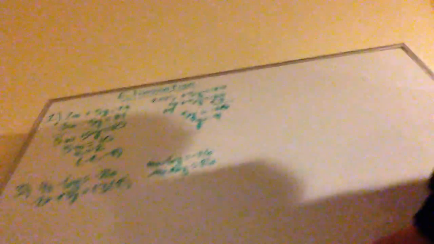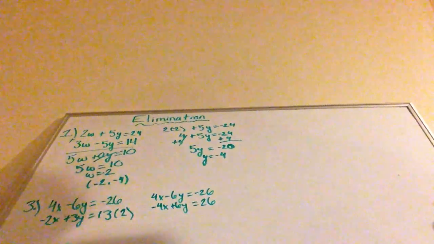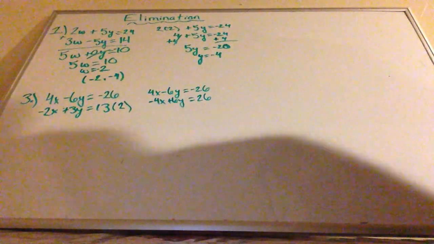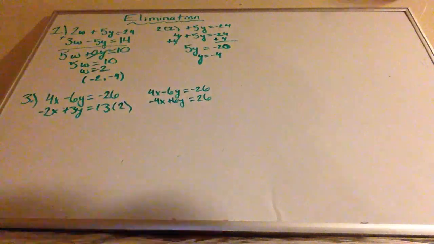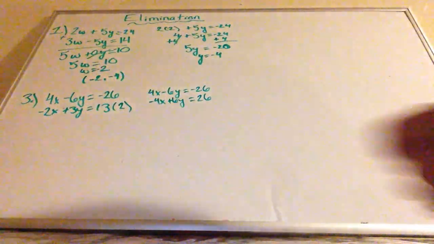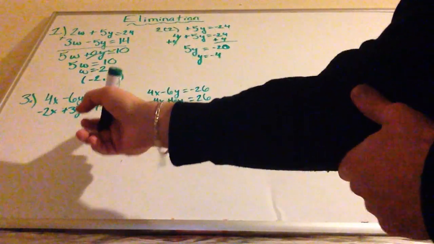That stays the same, but now we have negative 4x plus 6y equals 26. As you can see, we took the first part and we just multiplied the second equation by 2.